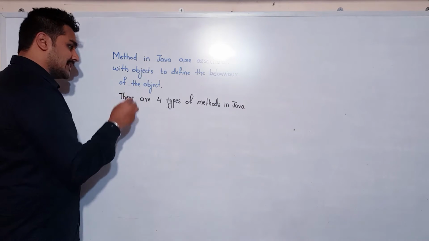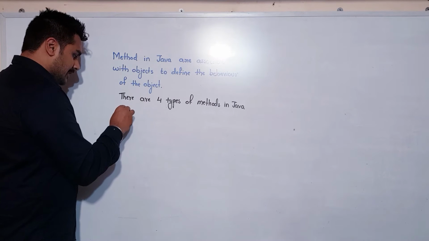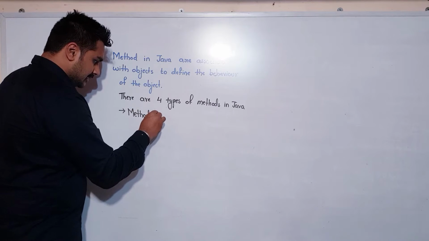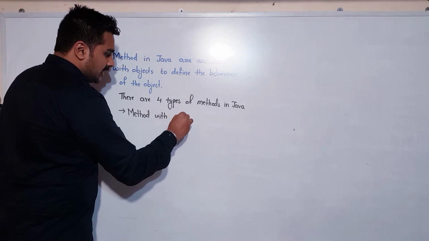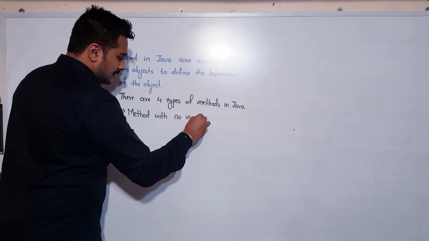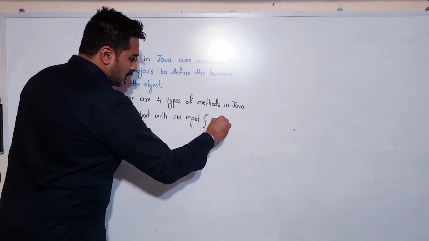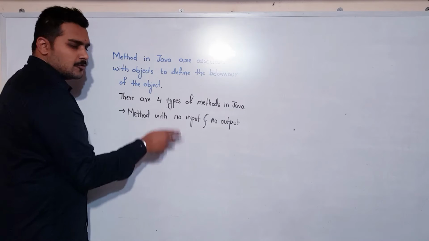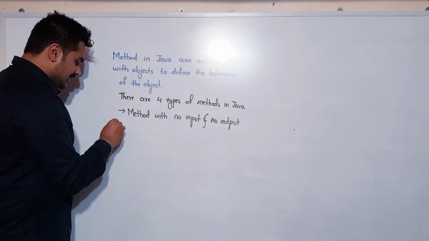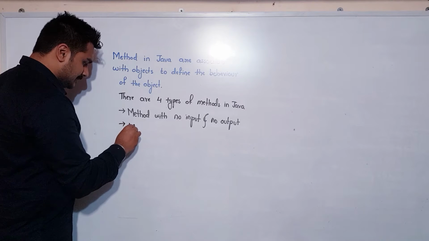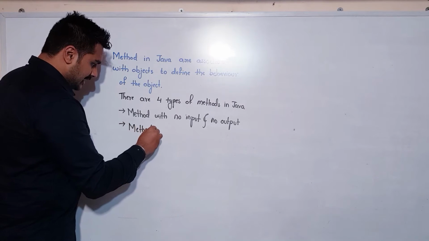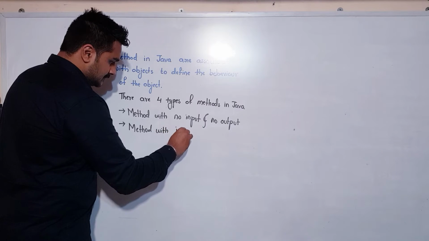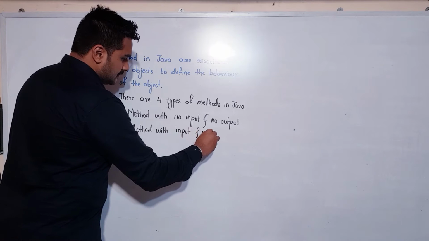The four types of methods in Java are: first one, method with no input and no output. What is this no input, no output? When I take up the program, you will understand. The second one is method with input and no output.